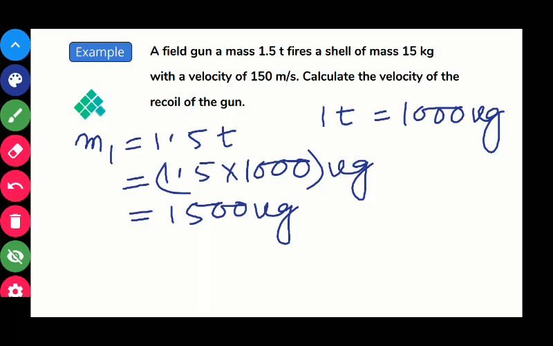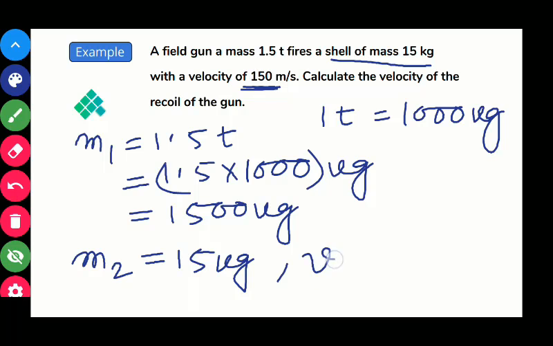Now in this case it fires a shell of mass 15 kg. Now what is 15 kg here? 15 kg is the mass of the bullet. The mass of the bullet is 15 kg and the velocity of the bullet is given as 150 meter per second. Now v2 is equal to 150 meter per second and you have to find out the recoil velocity.